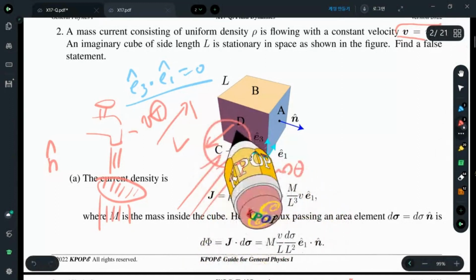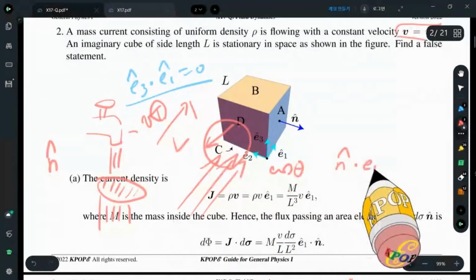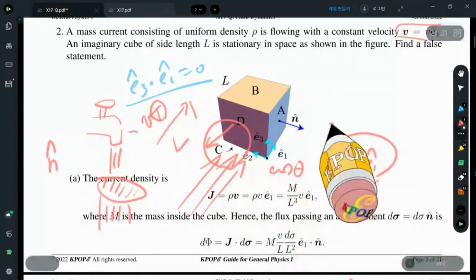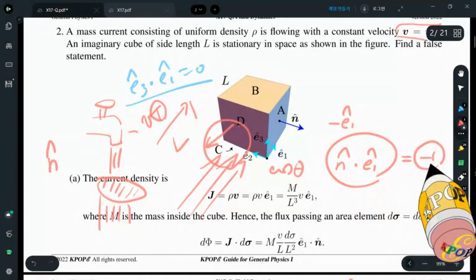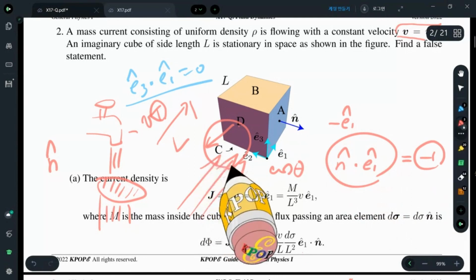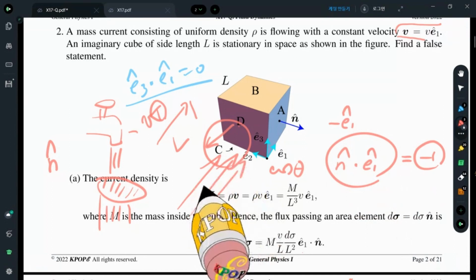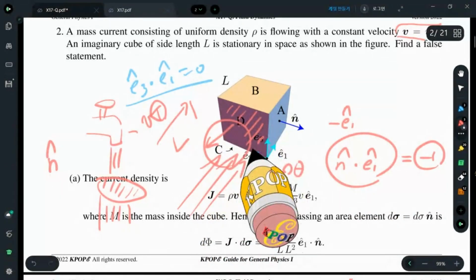What is n hat? That is E1. Here, this n hat is minus E1, therefore cosine theta is minus 1. So the absolute value of mass passing through this surface D is positive.